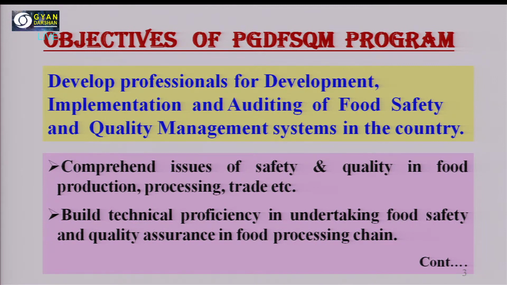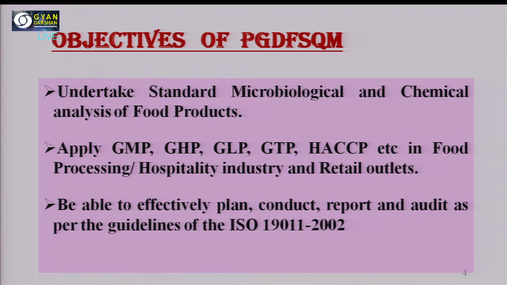Then this will also help you to build your technical proficiency in undertaking the food safety and quality assurance activities throughout the food chain. This will also help you to undertake the microbiological and chemical analysis of any kind of food product. You will also be able to apply GMP, that is good manufacturing practice, good hygienic practice, good laboratory practice, good transport practice, then HACCP, that is hazard analysis and critical control point.